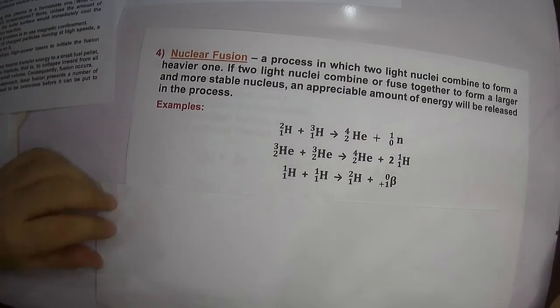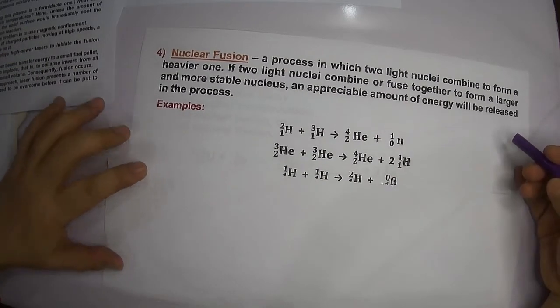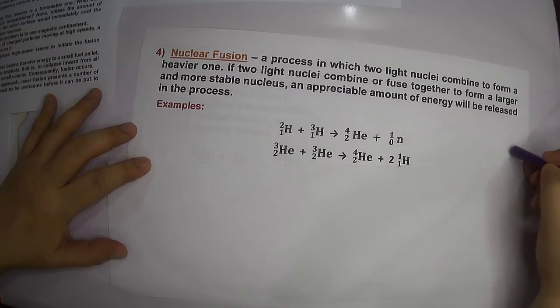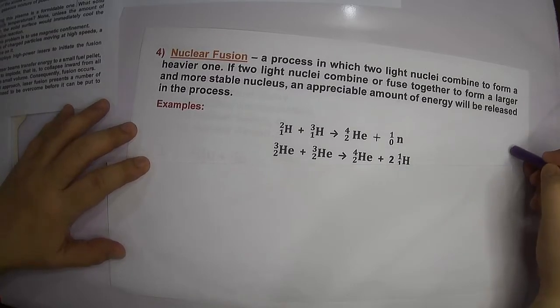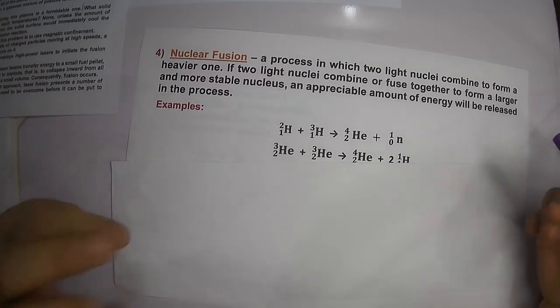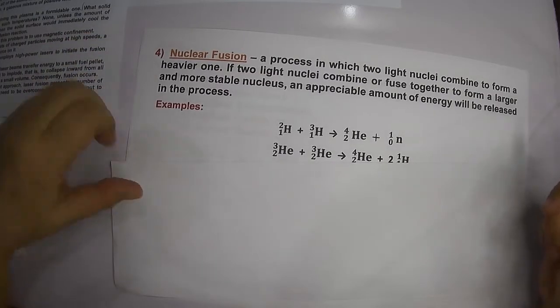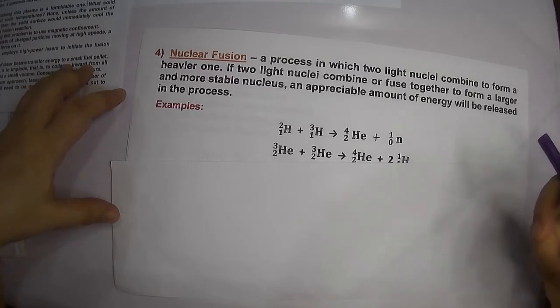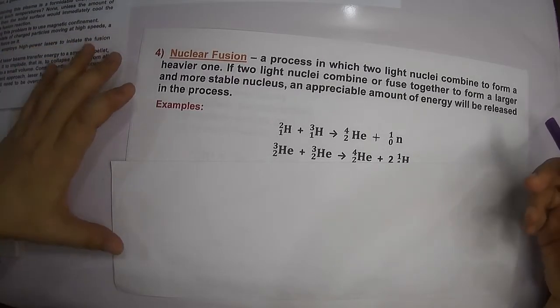Now you may ask, if fusion is so great, why isn't there even one fusion reactor producing energy? The basic problem is finding a way to hold the nuclei together long enough and at an appropriate temperature for fusion to occur.